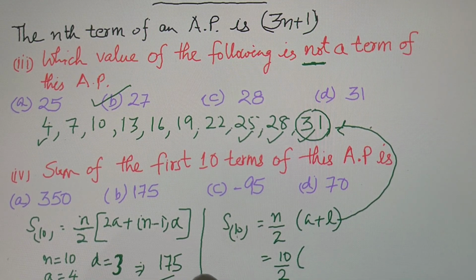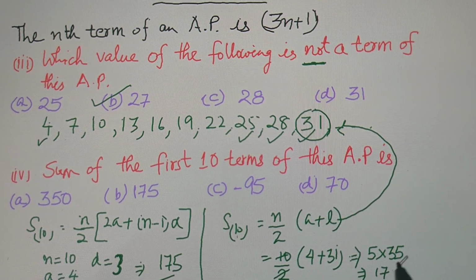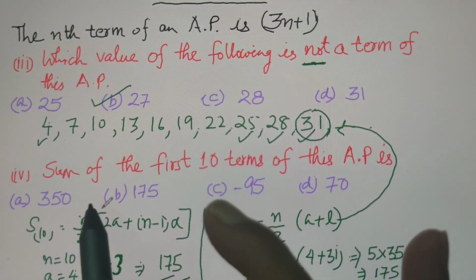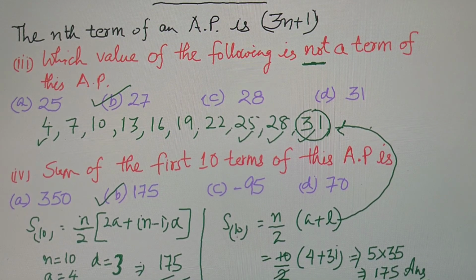It is the first term, which is 4, and the value of L is 31. So we are going to get 5 here. 5 into 31 plus 4 is 35, and if we multiply this, we are going to get 175. So this is the answer. Now when you look into the options, option B is the correct answer.